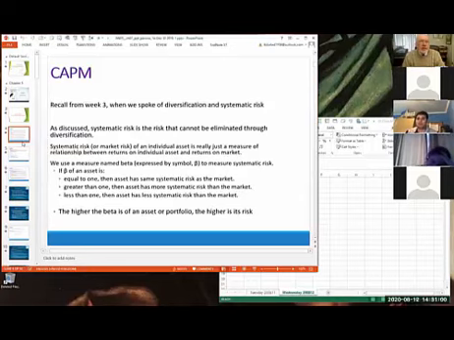Beta is considered to be the measure of the riskiness of an investment, and most specifically, a share investment, a share in a company. We talked about that in the first week. We're going to be talking about share valuation and so on as we go along today.